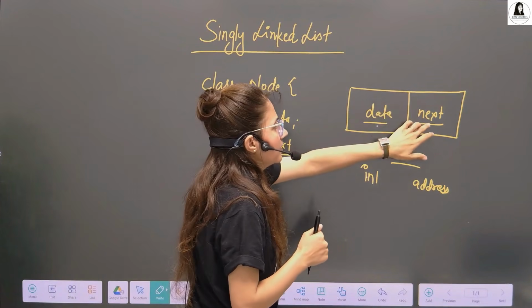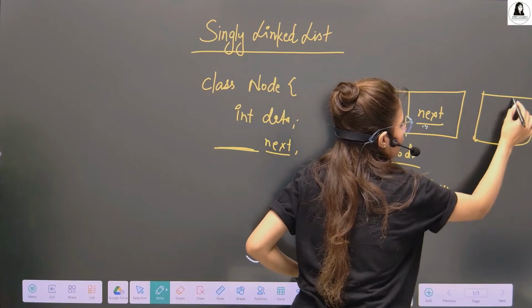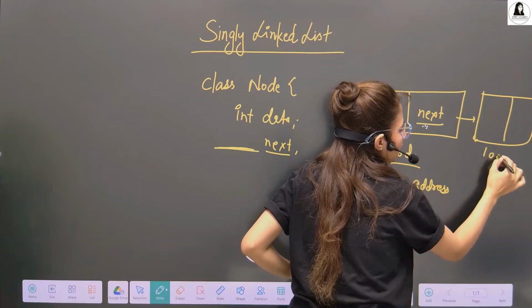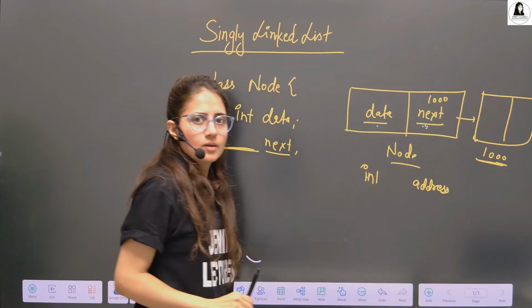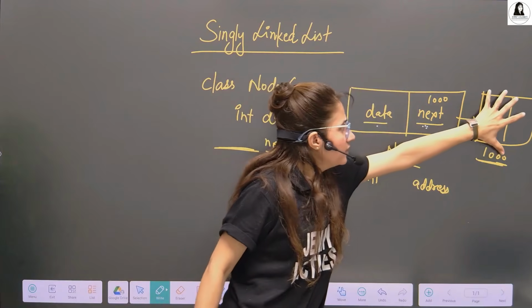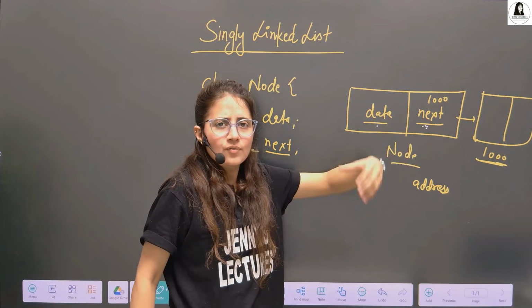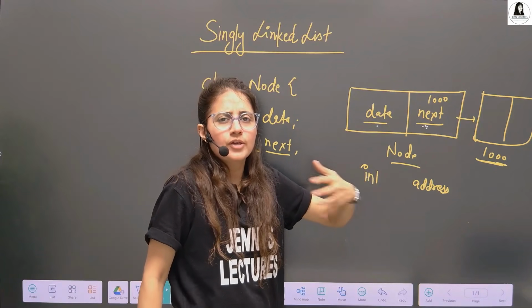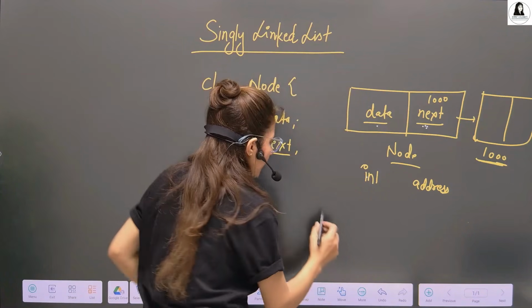This contains the address of next node. This is my next node. Address of next node. Suppose 1000 is the address, so it contains 1000. Right? This is all the same. It's a node itself. So when we create an object, suppose I'm creating student class and s1, what is happening?